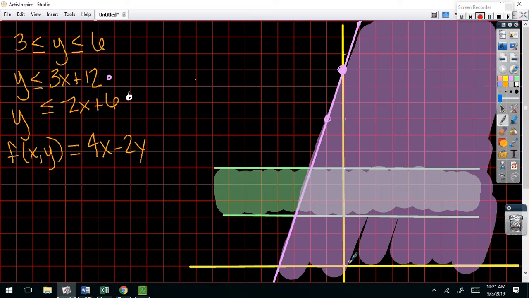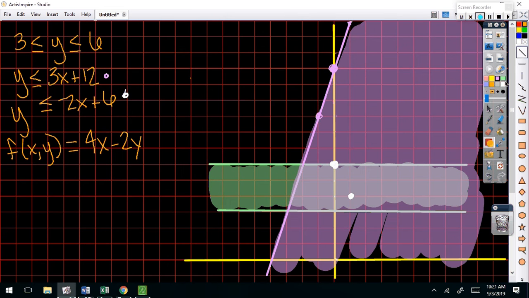All right, up 6. So this is my y-intercept and down 2 over 1. You starting to see where the feasible region is going to be? The old triangle. Or the big triangle.